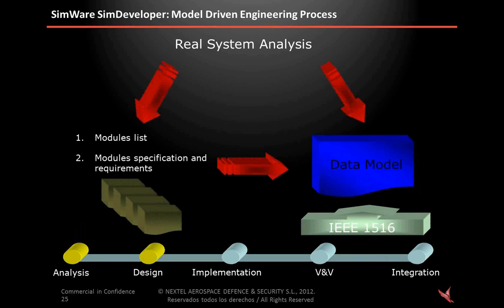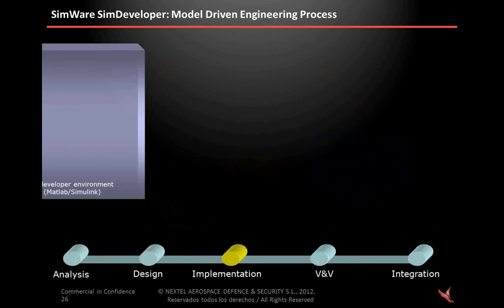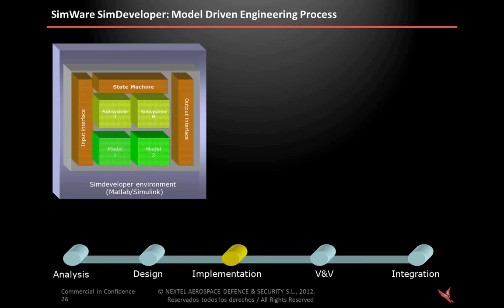And this data model is going to be in HLA format. So you will have to decide the data model and the models that go with it, with all the complexity you need, etc. The implementation of that will be done with MATLAB.